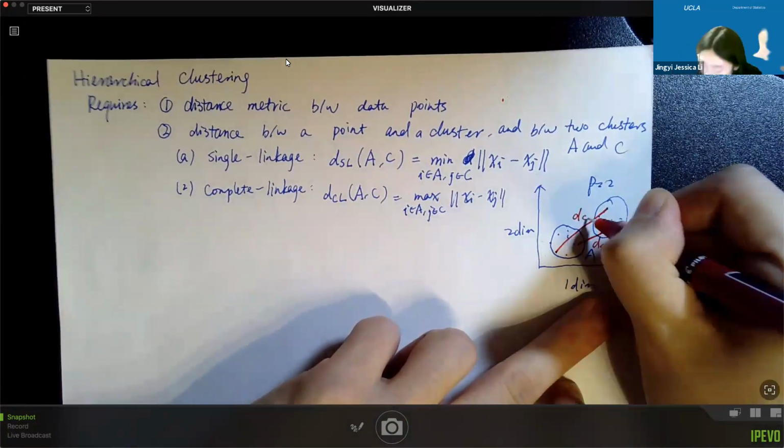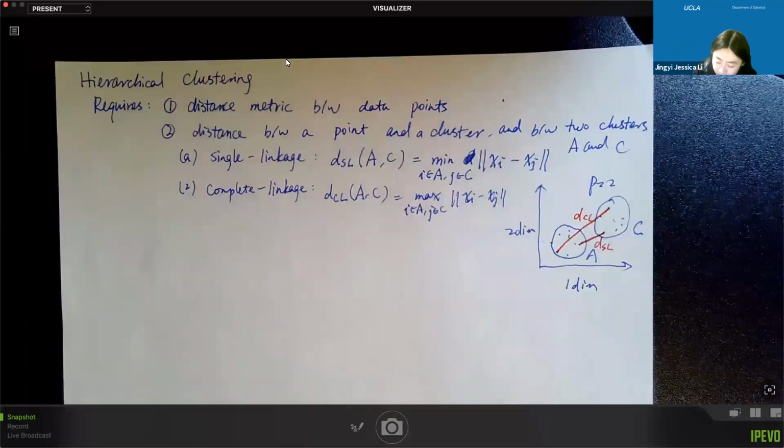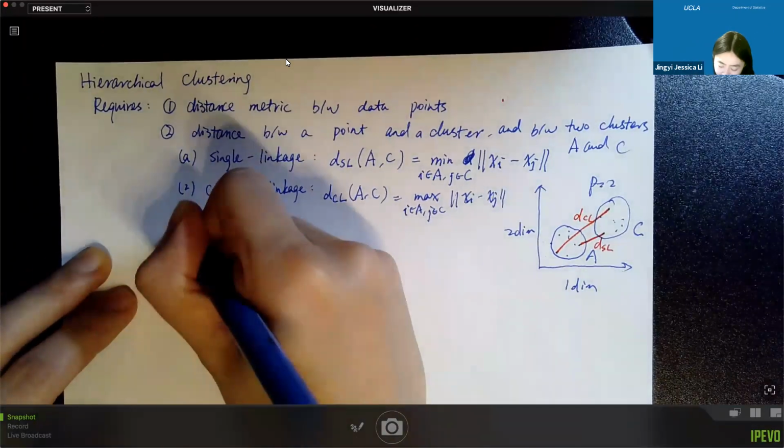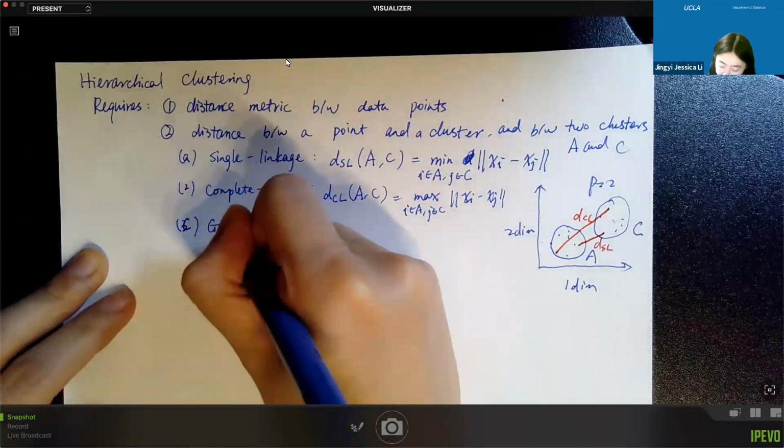I call that complete linkage. And lastly, average linkage, which is also called group average.